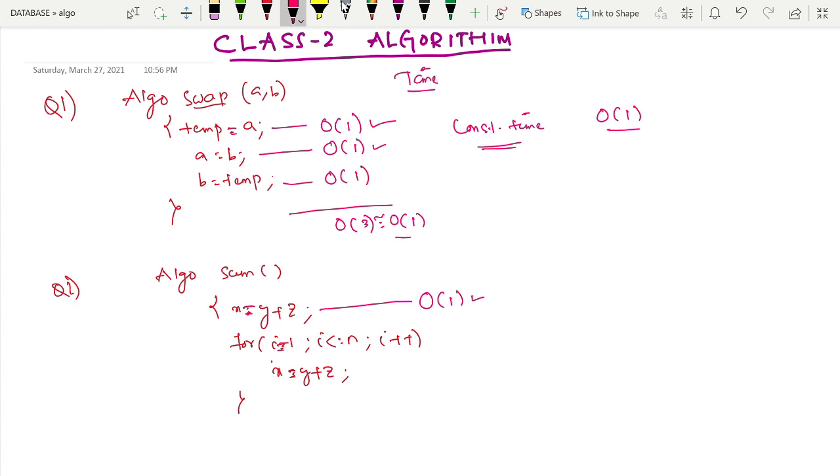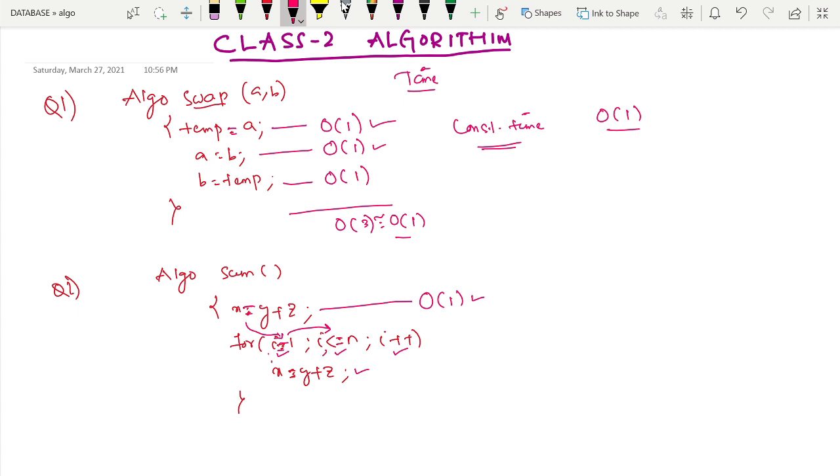Okay, so see this one, how many times will it get executed. You must know how the loop works. This is the initialization part, this is the condition checking part, this is the updation part, and this is the loop statements, right? So first of all, when the control flow comes here, i equals 1 is initialized, then it goes here to check whether the condition is true or false.